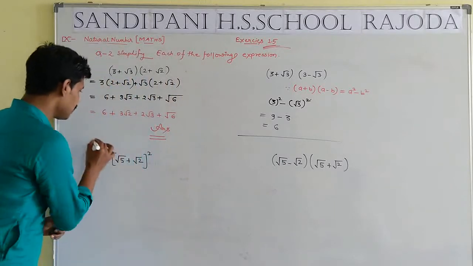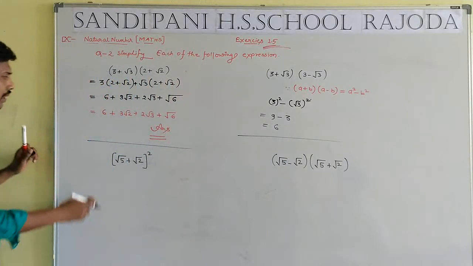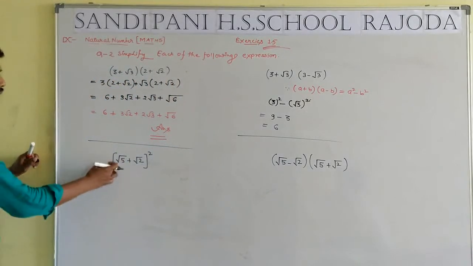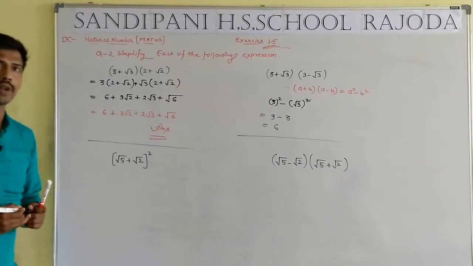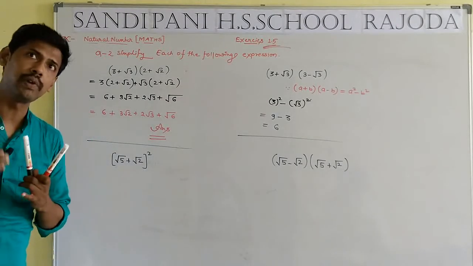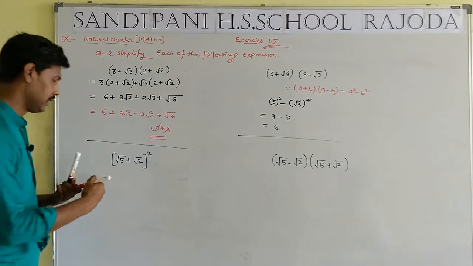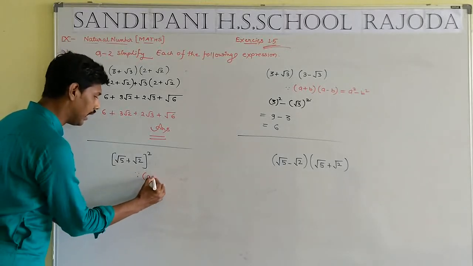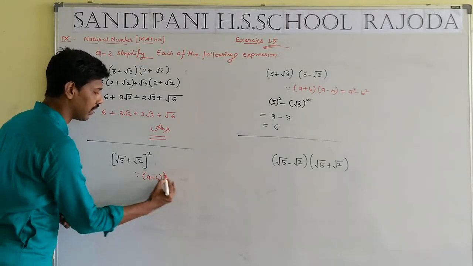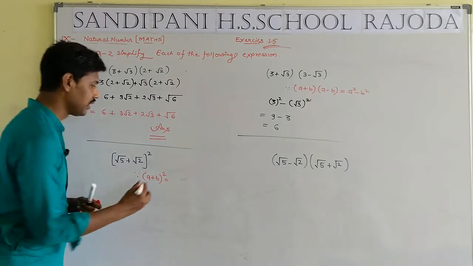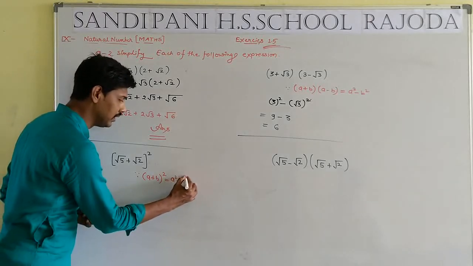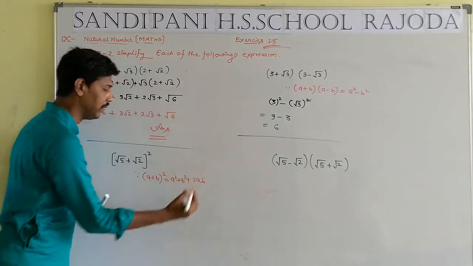Students, now question number third of question number 2: (root 5 plus root 2) whole square. What is the meaning of (root 5 plus root 2) whole square? That means our identity (a plus b) whole square, that means a square plus b square plus 2ab.